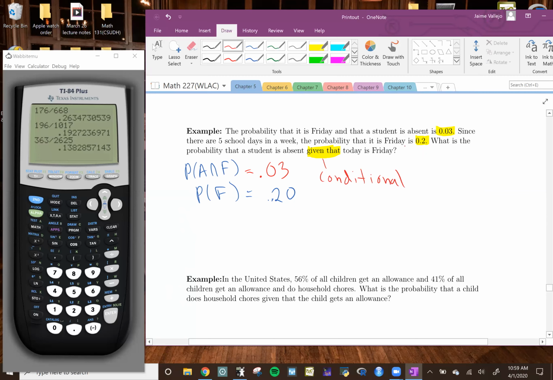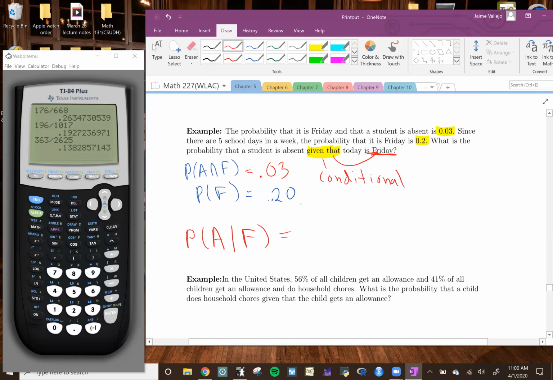Anytime you see "given that," that's your clue that it's a condition, and usually the condition comes after the "given that." What comes after it says today is Friday. So we want to find the probability a student is absent given that today is Friday.